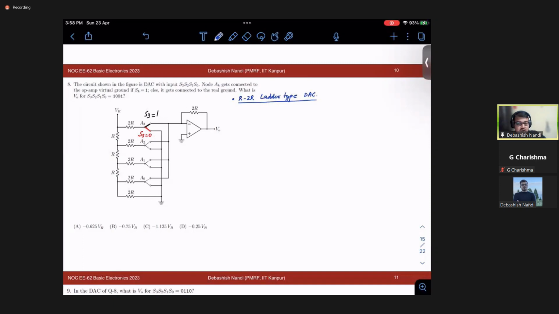You must have gone through this in the lecture. So let me draw an equivalent, step by step. What I desire is to make the circuit in this form.